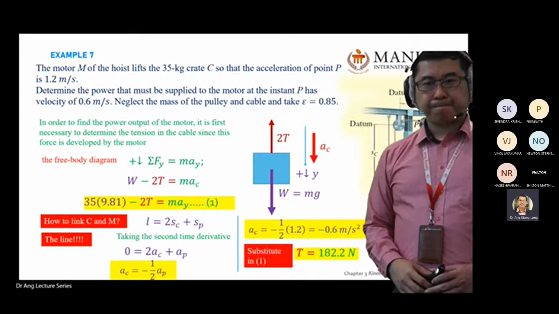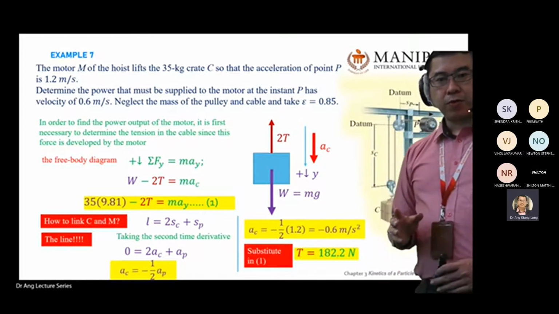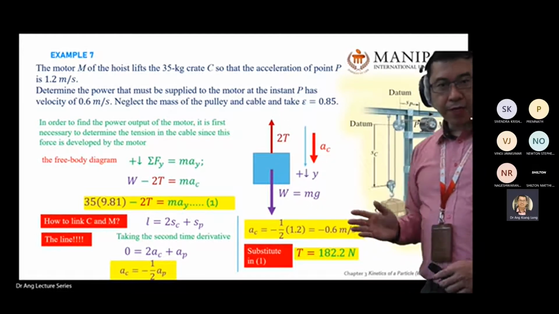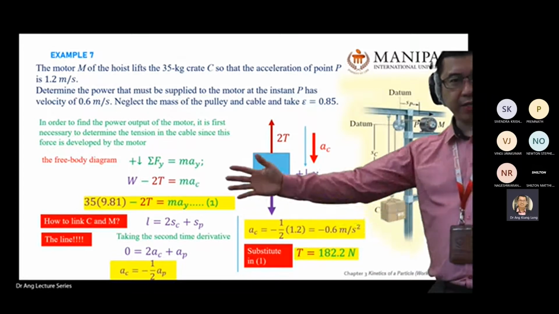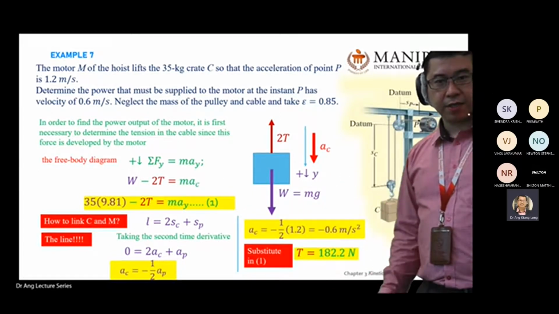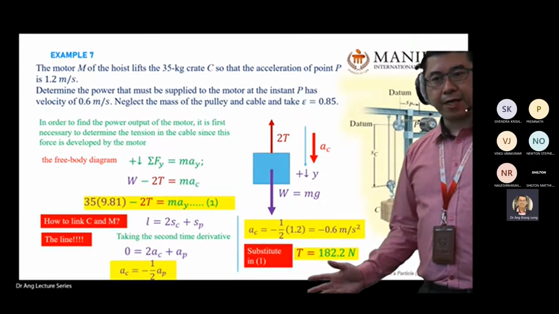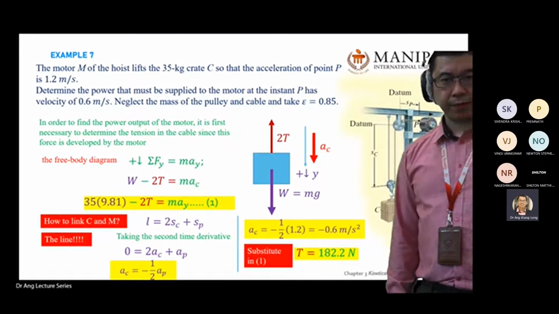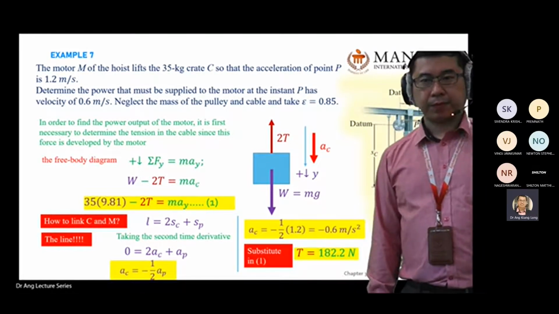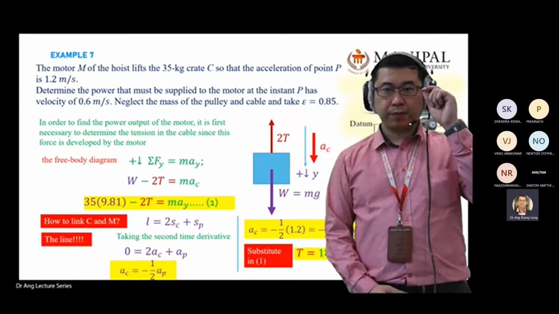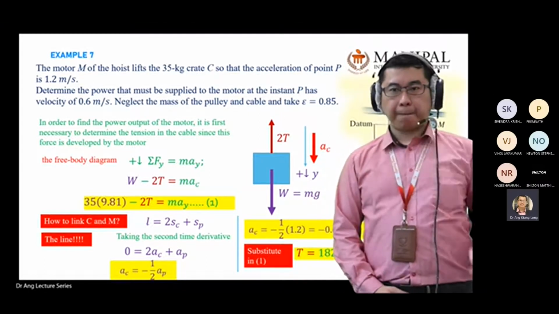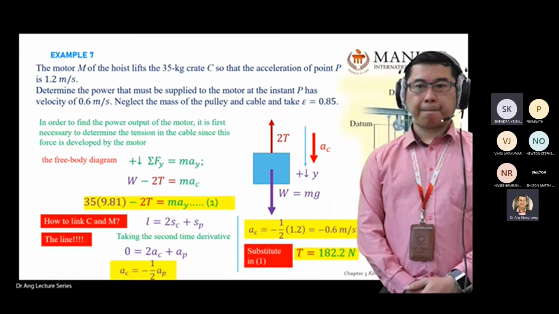All right. So before we move to power, any question on the tension value? Anything on the slides here you don't understand? Stop me and ask me a question. So far, okay? Good, yeah?